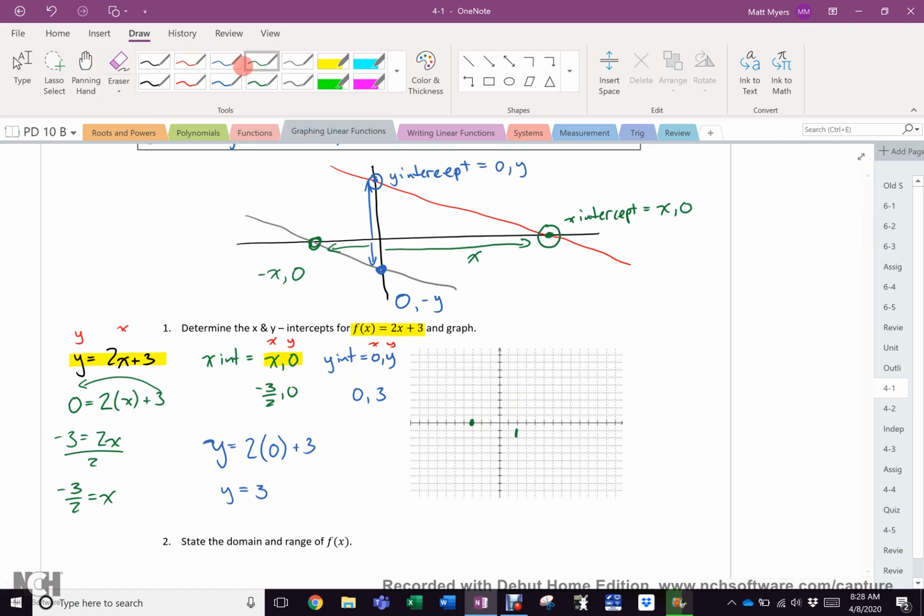So if this is 3, 1, 2, 3, I can put my y-intercept way up there and draw it that way. They're both the same. I don't care what you do. But if there's room and it's a fraction, I like to change the scale to make it pretty.